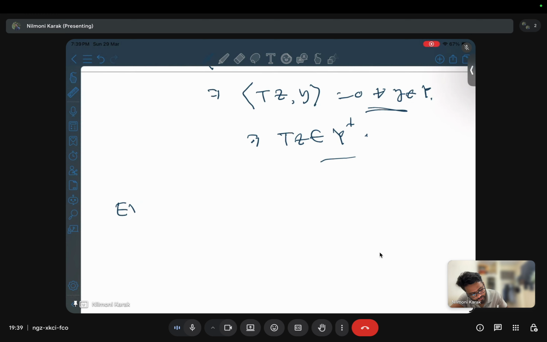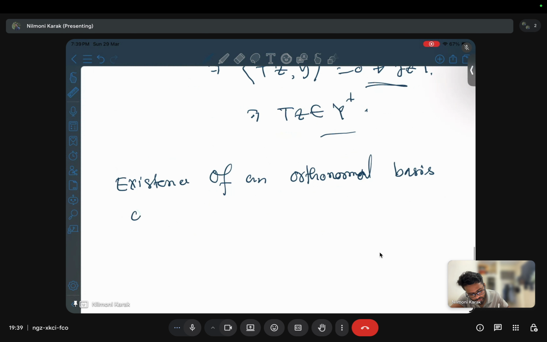Now, existence of an orthonormal basis of eigenvectors.